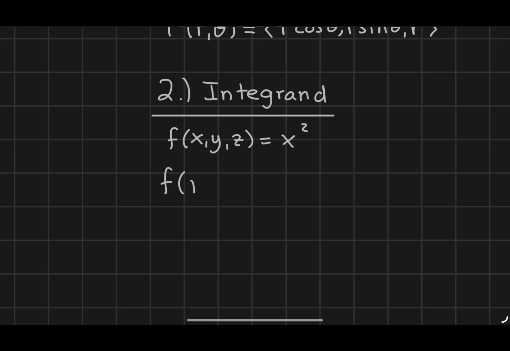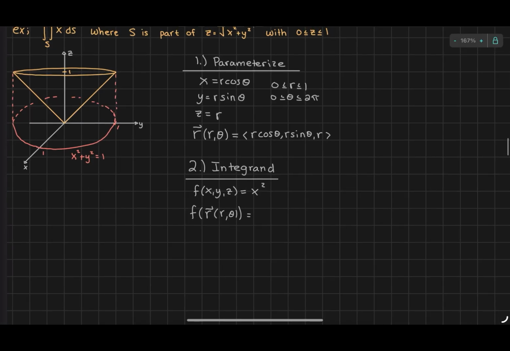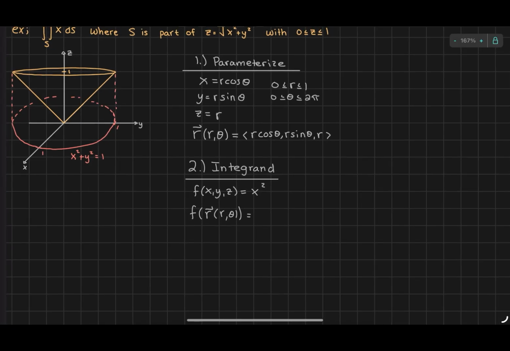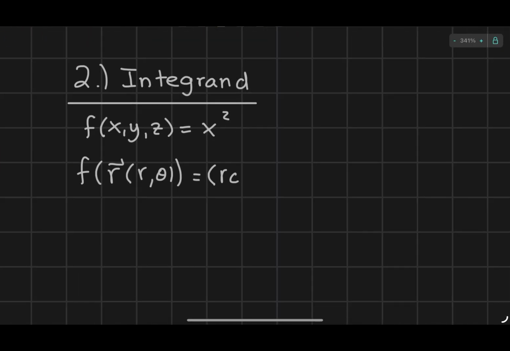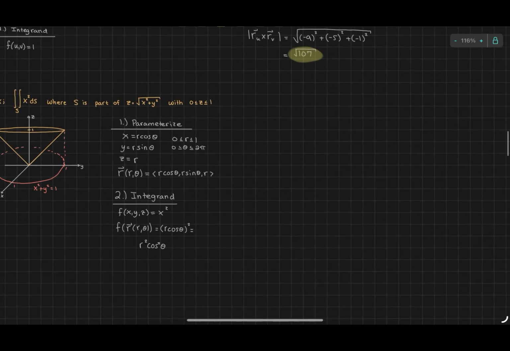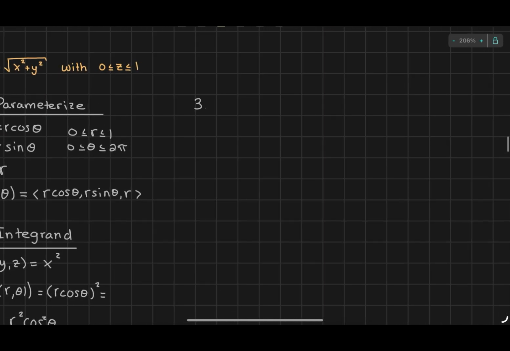Therefore, our f of r theta, plugging in that parameterized surface, is going to be r cosine theta squared, which we can simplify as r squared cosine squared of theta. Looks like our integrand is done. Let's go ahead and do our differential now.